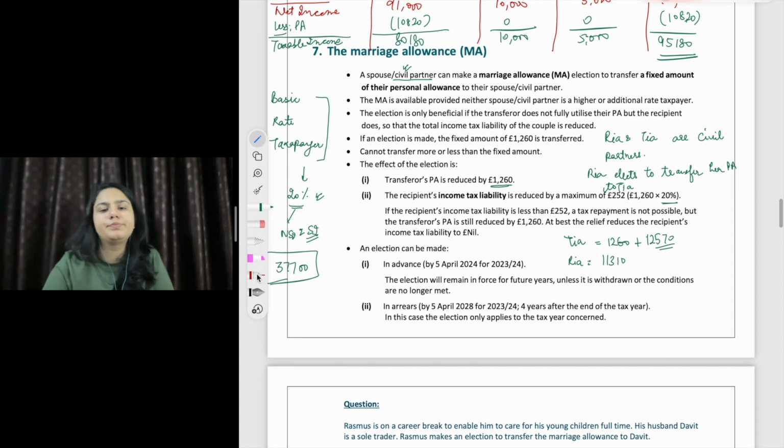Let's write it down. Let's say I filed my tax return for the year ended 5th April 2020.